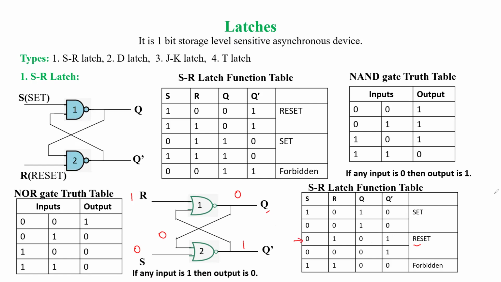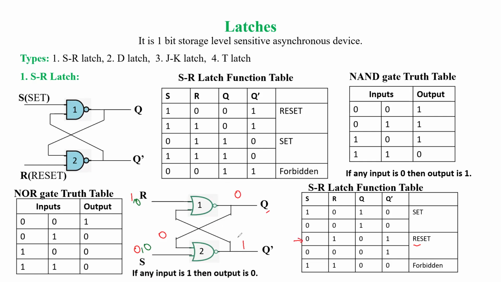Now again we'll check what changes when we go back to the initial condition. Here we'll keep S as 0 itself, or we make it 0. So now both inputs to the NOR gates are 0, but they are two different NOR gates, so we take the help of the previous output.